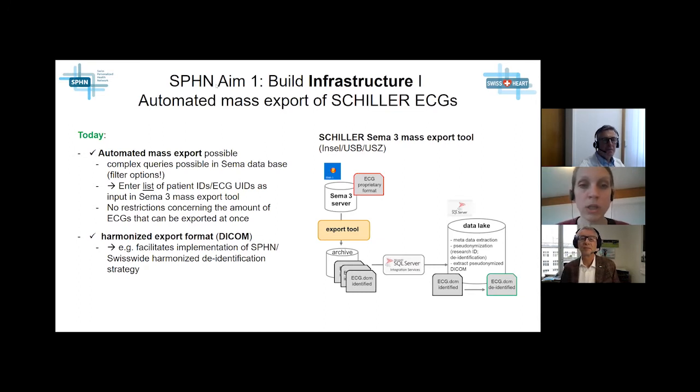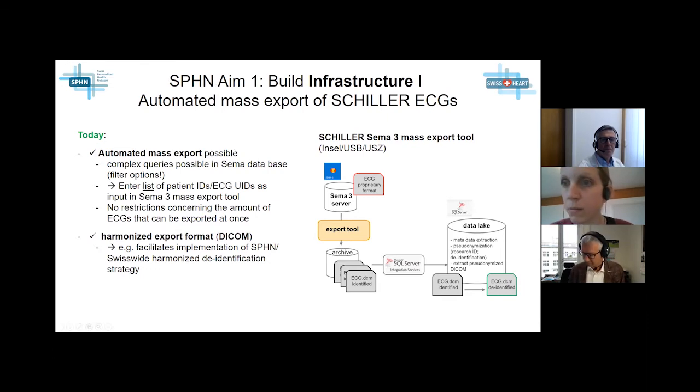And we eventually agreed, within the project and among the hospitals, that wherever technically possible, we would export ECGs in a DICOM format, which is like the medical imaging format, and which also leverages synergies with the second data type I will focus on next, namely the TTEs, the echoes.